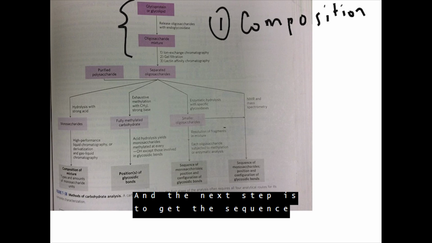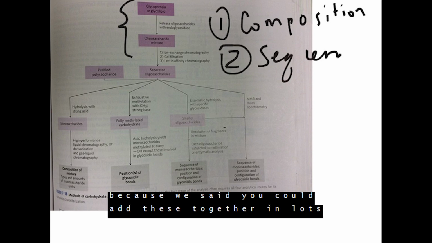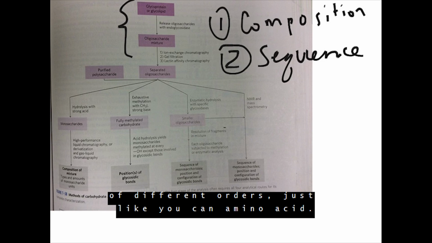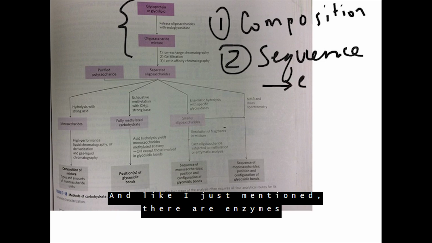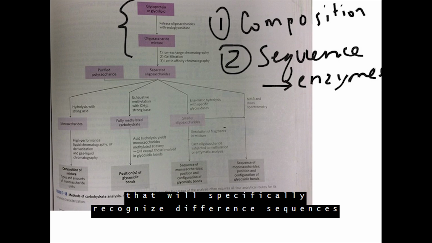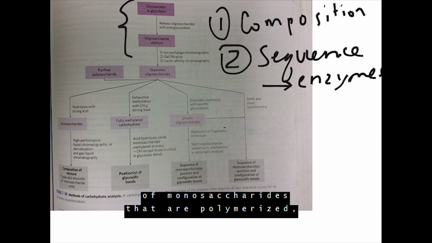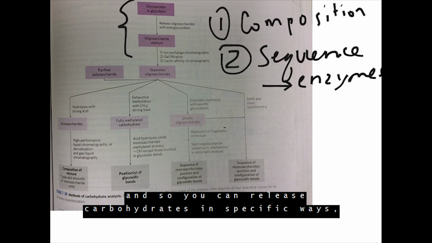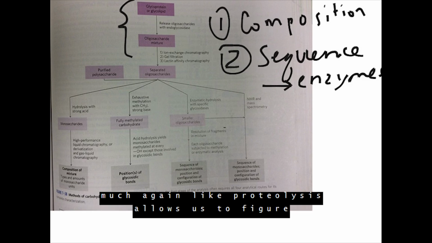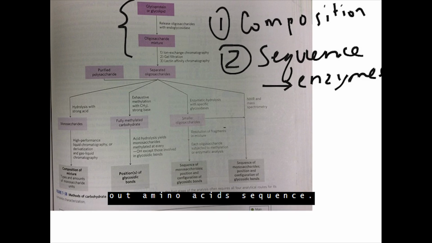Then the next step is to get the sequence of those monosaccharides, because we said you could add these together in lots of different orders, just like you can amino acids. And like I just mentioned, there are enzymes that will specifically recognize different sequences of monosaccharides that are polymerized, so you can release carbohydrates in specific ways, much again like proteolysis allows us to figure out amino acid sequence.